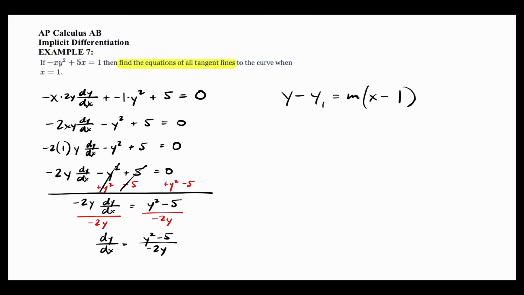If I could plug those guys in, I'd be done with this question. How do I get m or how do I get y1? Either one. Because this is going to be my final answer here, but it's not quite done yet. So my question to you is, how do I get either y1 or m?